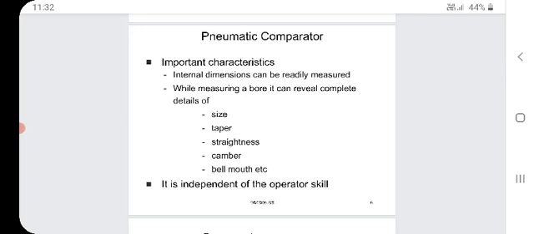Characteristics continuation. Internal dimensions can be readily measured.